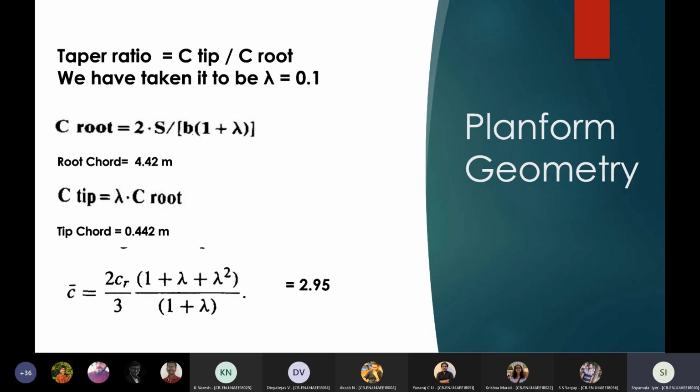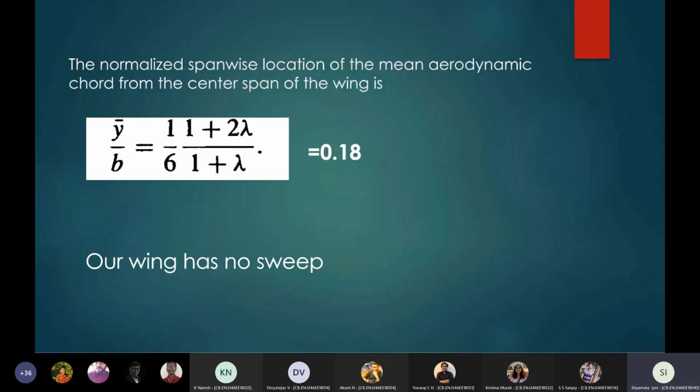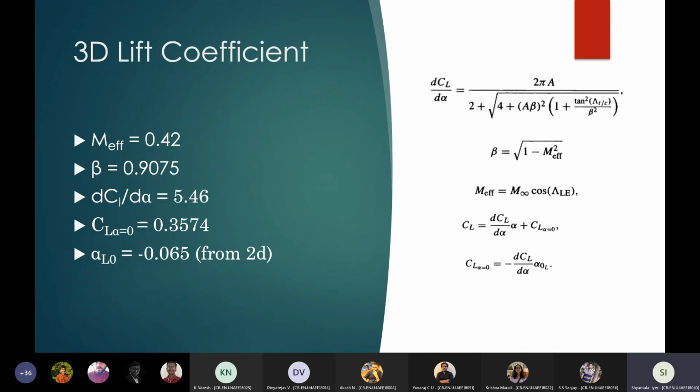Our CBAR, our mean aerodynamic chord position, is 2.95, and this is the normalized span-wise location of the mean aerodynamic chord from the center span. As I said before, our wing has no sweep.